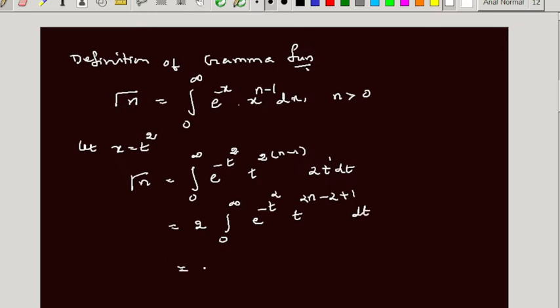We get the answer 2 times integration 0 to infinity e power minus t square into t power 2n minus 1 into dt. Let us consider these as equations number 3 and 4. Remember equations 1 and 2 in beta form, and 3 and 4 in gamma form, which help when we discuss the problems.